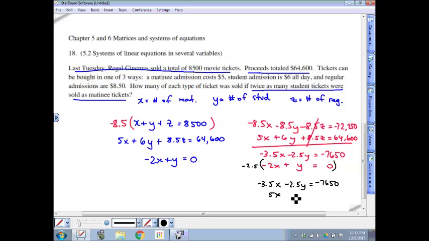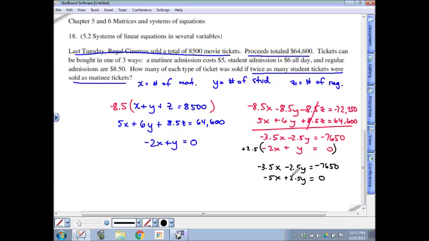The bottom equation is now, actually, this needs to be plus, that's going to be negative 5x plus 2.5y equals 0. So now the y variable's gone.